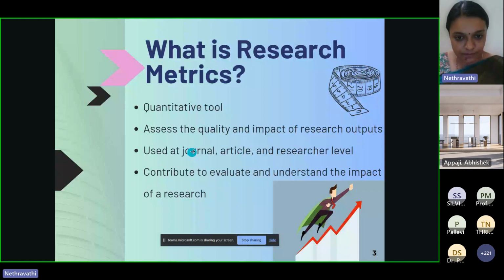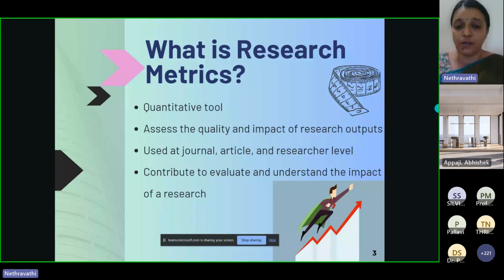The 3 research metrics we are going to see today are journal level metrics, article level metrics, and researcher level metrics. So what are the different metrics available at each of these levels? As I told, why is this important?